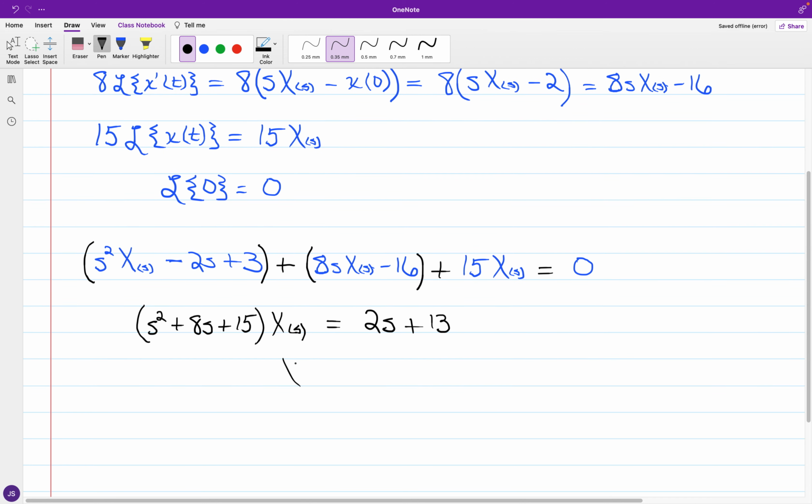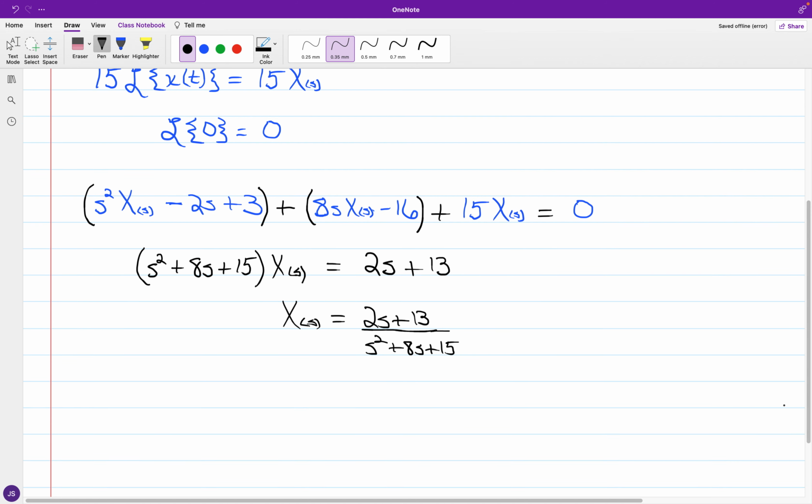Isolating the Laplace x of s, we have 2s plus 13 all over s squared plus 8s plus 15.